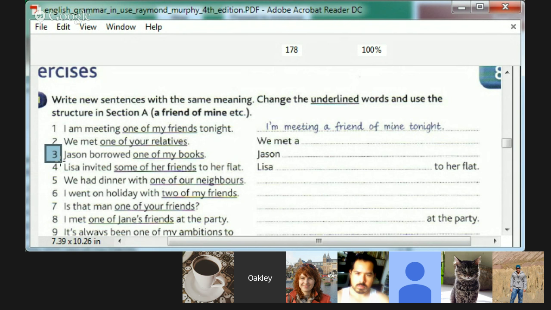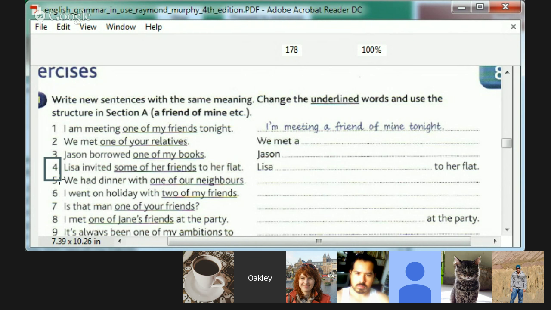Borrowed, with a D. Well, you're making it a lot more complicated than you need to. Jason borrowed a book of mine. That's it. That's how we can use of mine. It shortens it up a little.